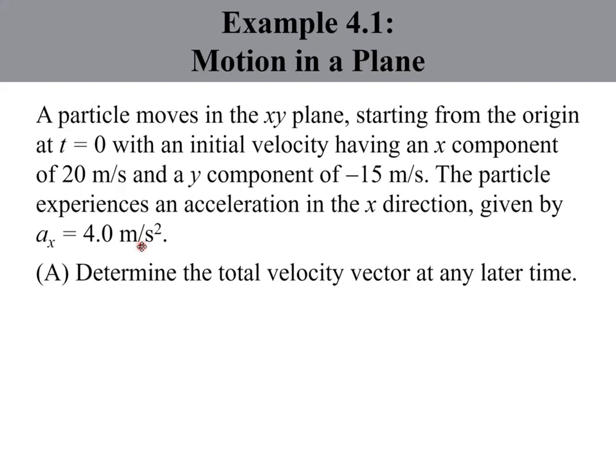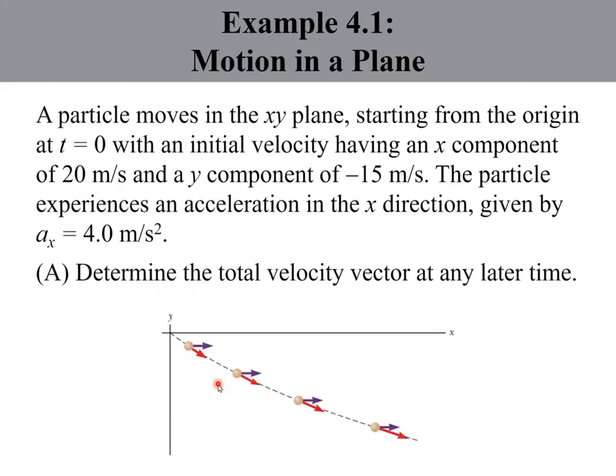So the motion of the object will be like this, where it has x motion and also y motion. The red arrow is actually the combination of x and y motion.